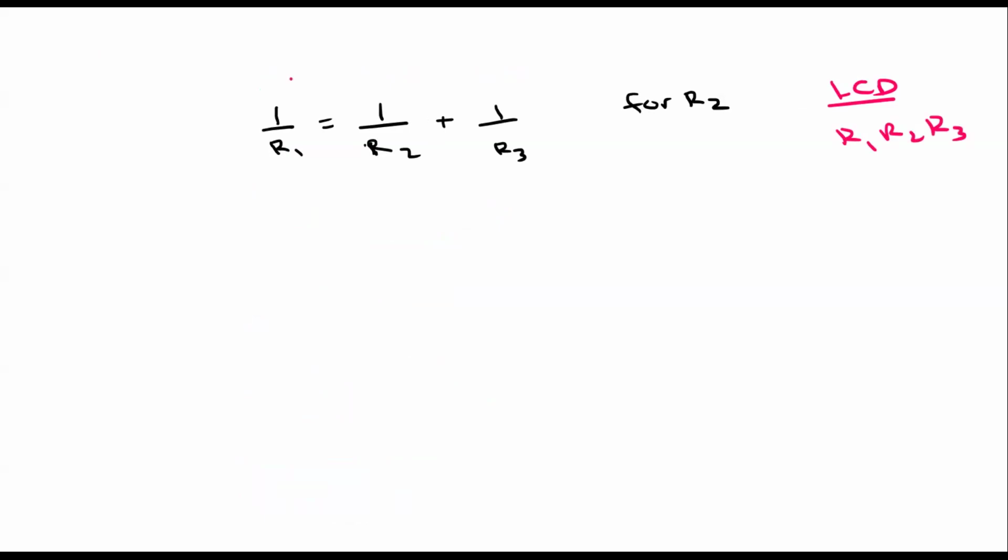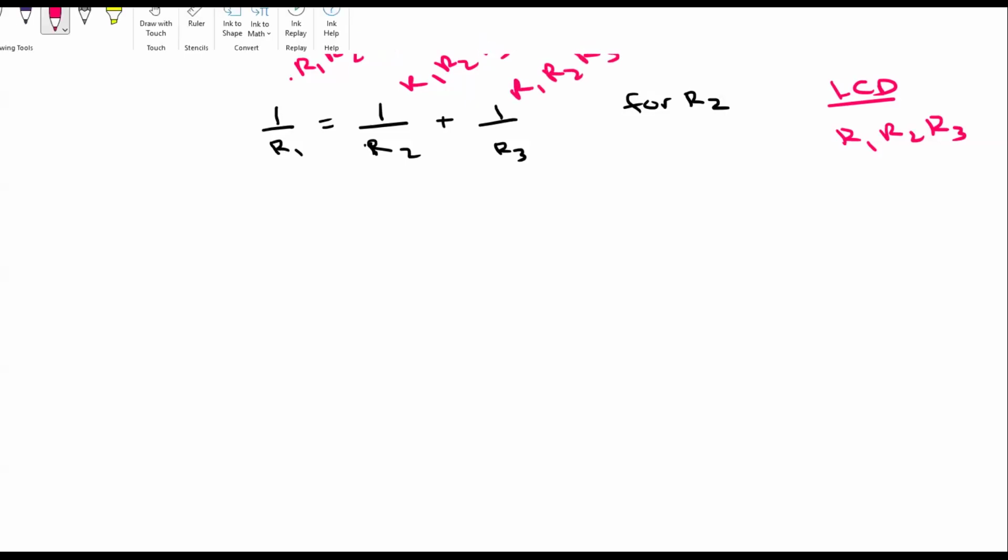Okay, so I'm going to multiply each term by R1, R2, R3, and then I'm going to start canceling terms. Again, our goal is to get rid of the denominator. We have our LCD, so it allows us to do that. So the R1s are going to go away on the first term, the R2s are going to go away on the second term, and the R3s are going to go away on the third term.